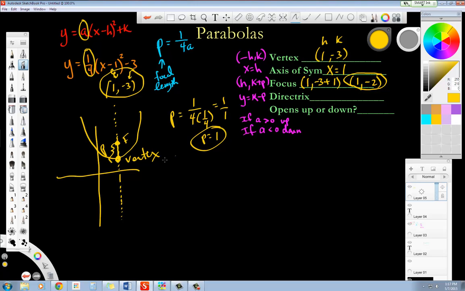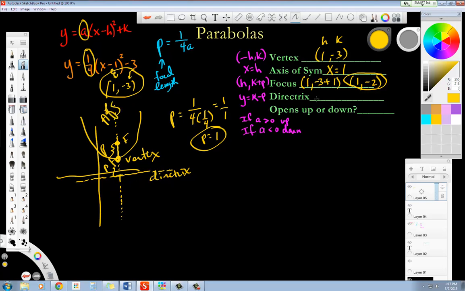For the directrix, and remember what that is, the directrix is a perpendicular line to the axis of symmetry that is down the focal length. So it's down another p down here, and it goes this way. That is called the directrix. And this is, of course, the axis of symmetry going this way.